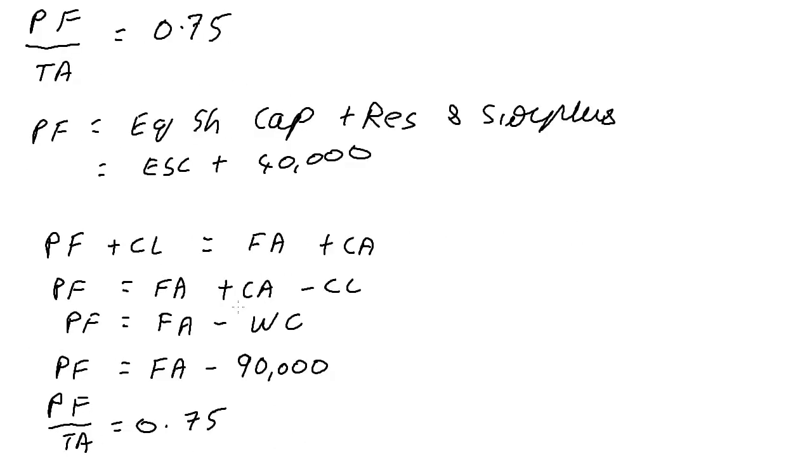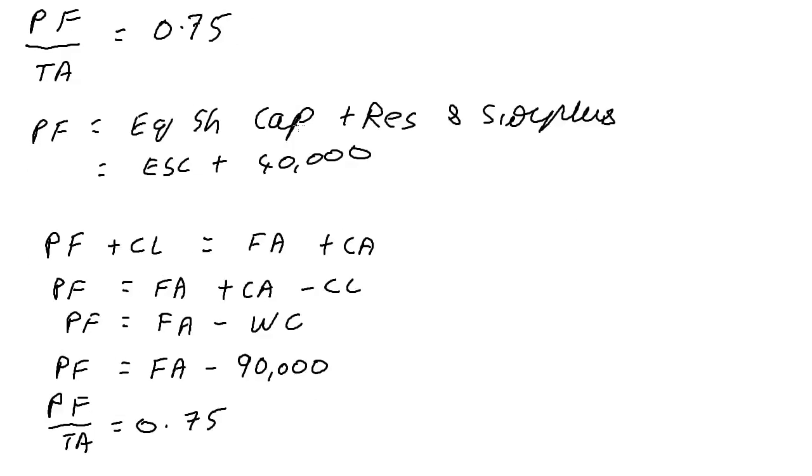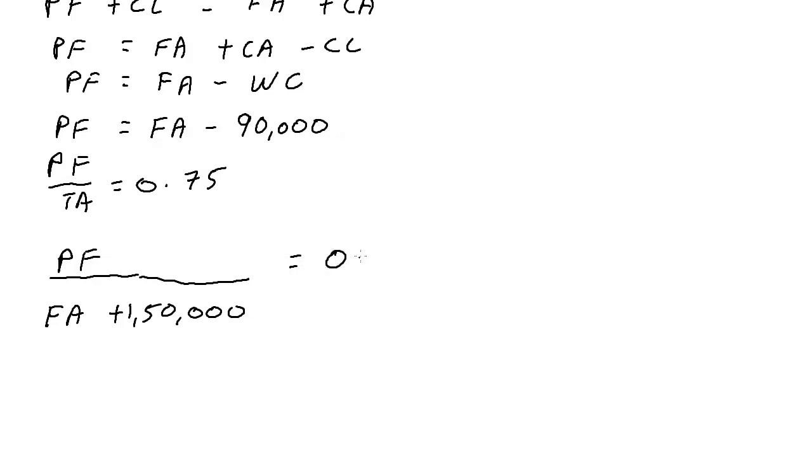So I'm just going to take fixed assets plus 1,50,000. So fixed assets plus 1,50,000 is our total asset. So proprietor's fund upon fixed assets plus 1,50,000 belonging to the current assets is equal to 0.75.